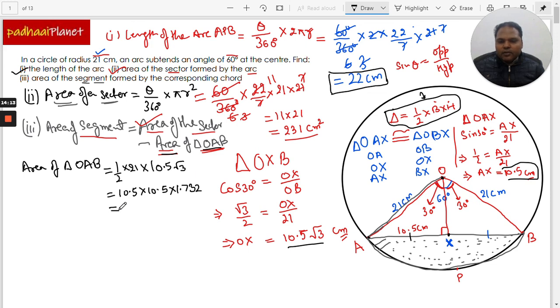Let me take help from my calculator. That is 190.95 square centimeters.